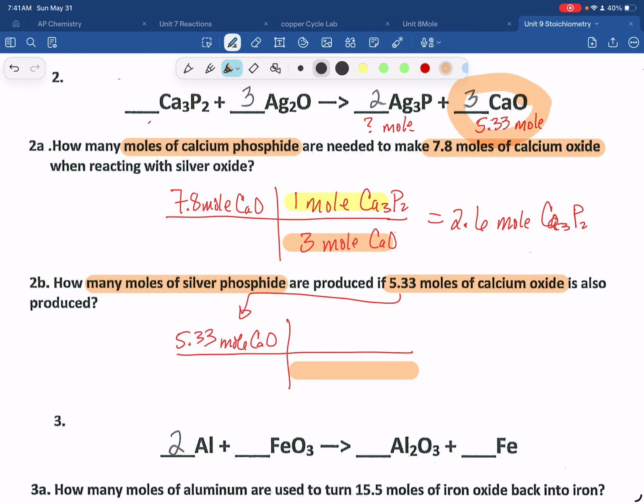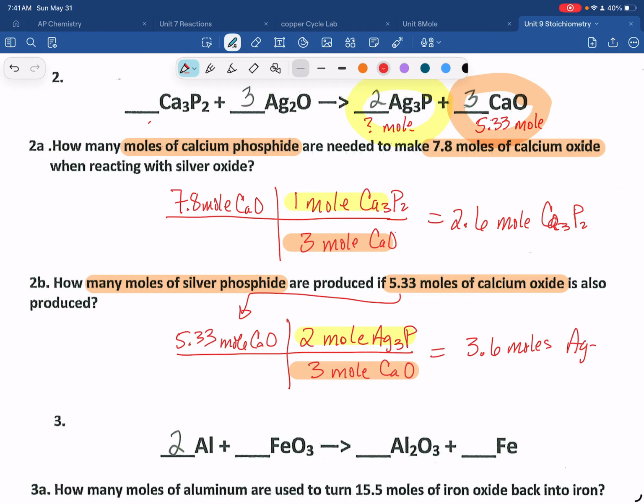Up top is what we're looking for. So 3 moles of CaO, and on the top, what we're looking for, 2 moles of Ag3P. All right, so our starting number, 5.33, times 2 divided by 3 gives us our answer, 3.6 moles of Ag3P.